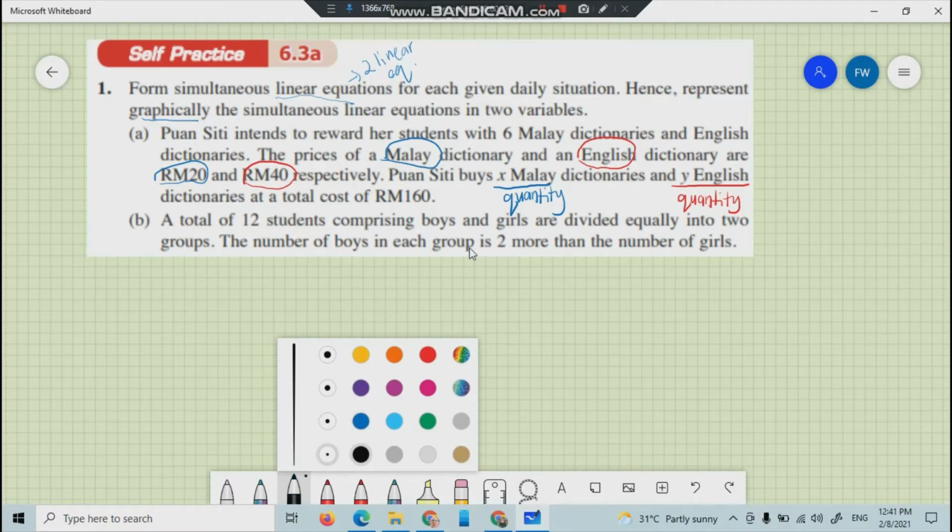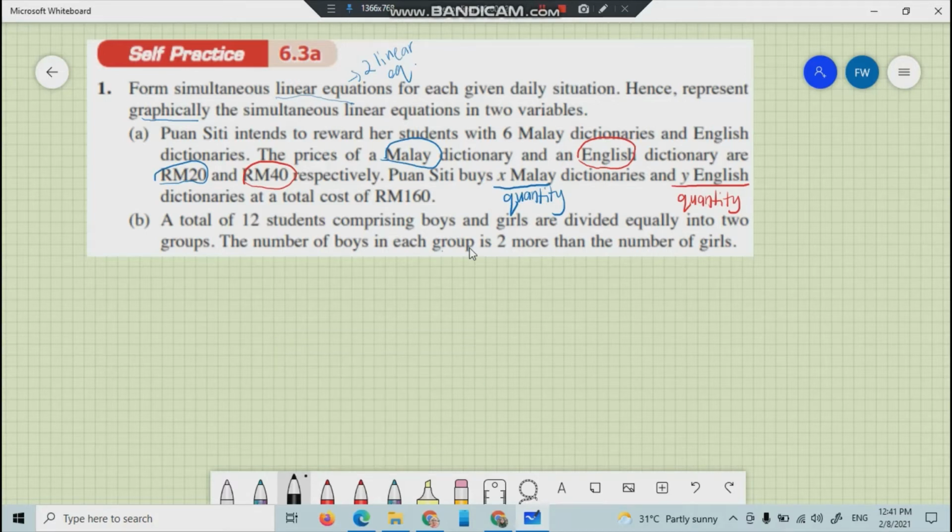We have the price for the Malay and English dictionaries, which is RM20 for the Malay dictionary and RM40 for English. And we have the quantity, x for Malay dictionaries and y for English dictionaries. And we have 6 here. 6 is the number for total quantities for both dictionaries, Malay and English.